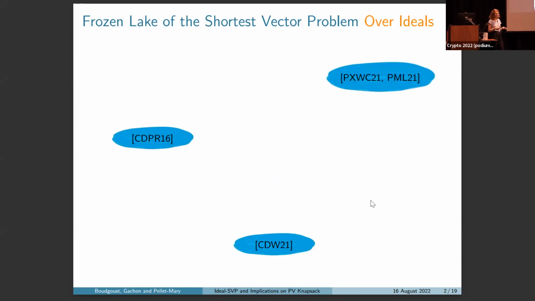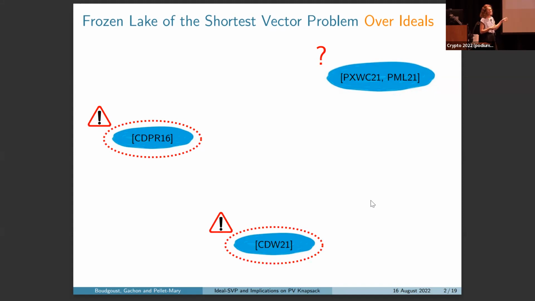However, if you restrict the problem to so-called ideal lattices, then past works have already shown that the ice has places where it's not thick, but actually you have puddles. Whereas the two puddles on the left and the bottom are very well studied, and you know how to verify if an instance falls into the puddle or not, the situation is a bit less clear with the puddle on the top right.